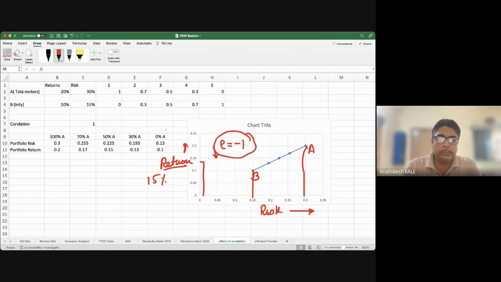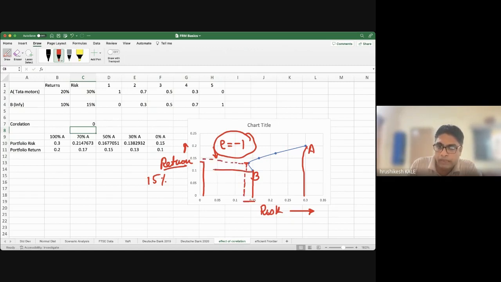When correlation is 0, you're getting some benefit, wherein if you invest in this weight, you will find your risk is lower than B and your return is higher than B. Right?